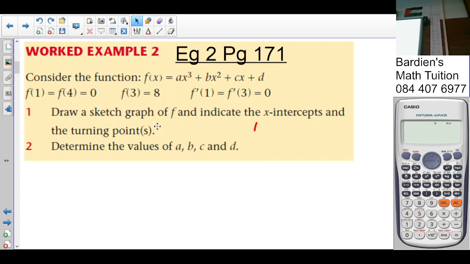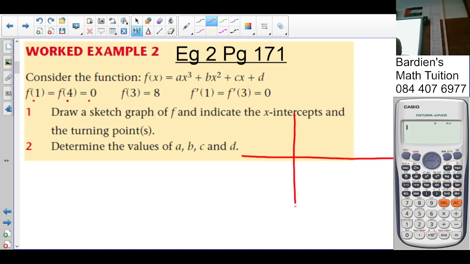The question says draw the sketch of the graph of f and indicate the x-intercepts and the turning points. So we see here f of 1 is equal to f of 4, it's equal to 0. So when we set f of x equal to 0, we work out our x-intercepts. So your x-intercept here is at 1 and at 4. Okay?